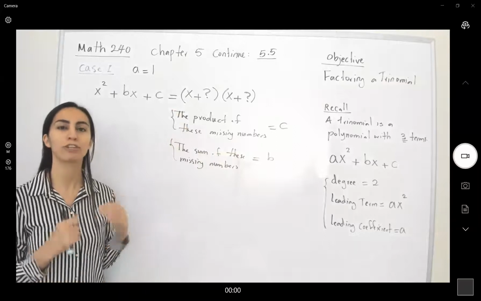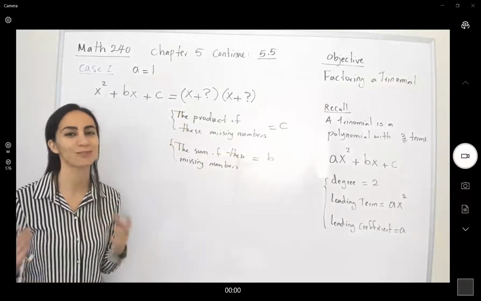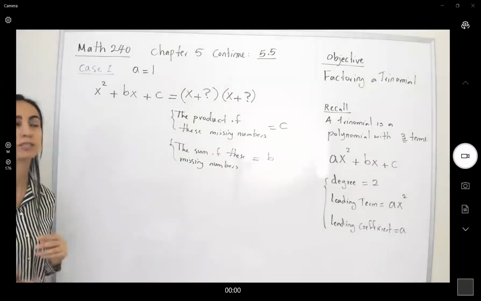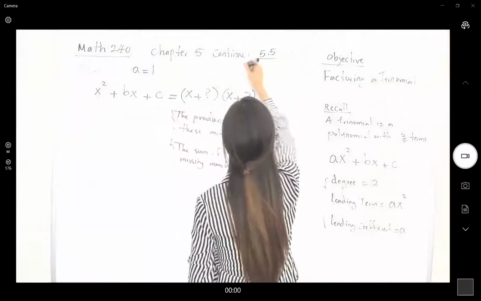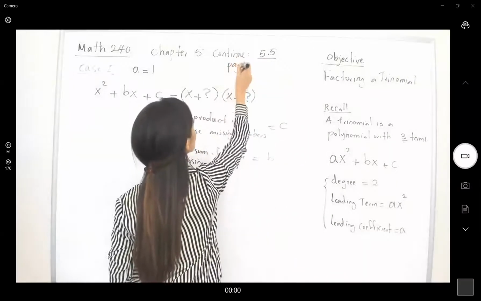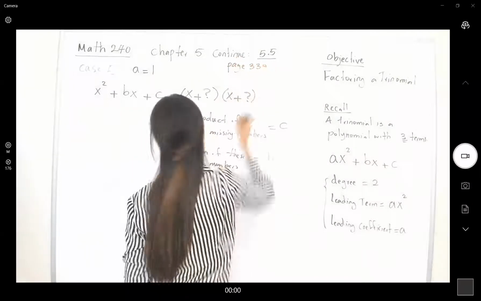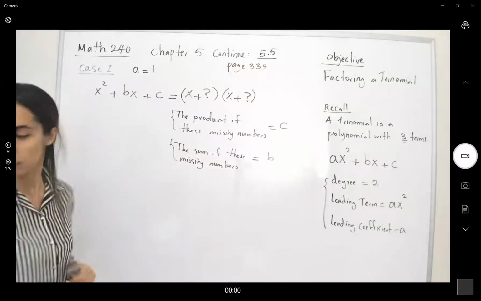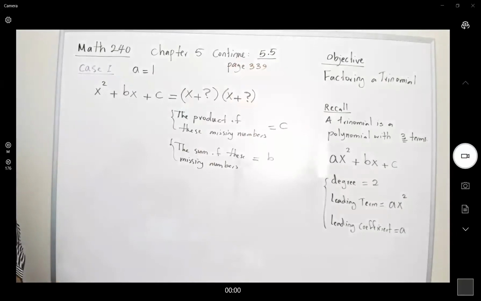We know how to find those numbers, but show us one example. So for those of you who are following the book, we are on page 339. So let's go over one example to feel more comfortable about this.